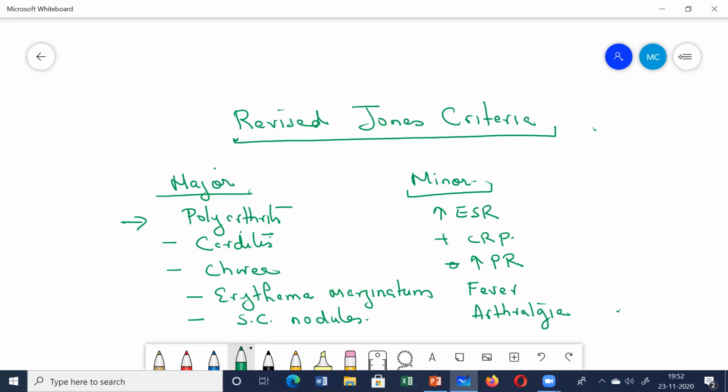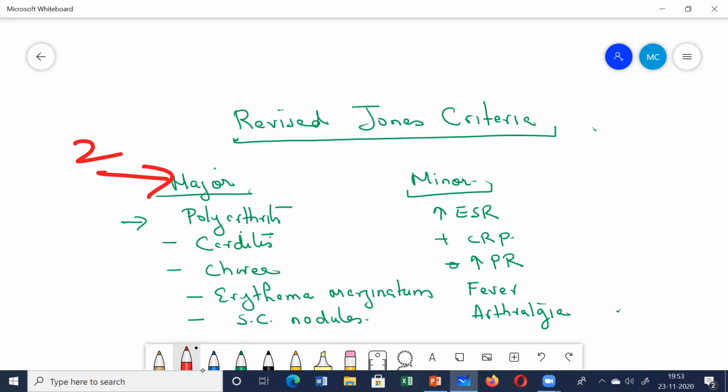So how will you determine that it is acute rheumatic fever? How many major and how many minor criteria should a patient satisfy to confirm it? Remember, there should be at least two major criteria.